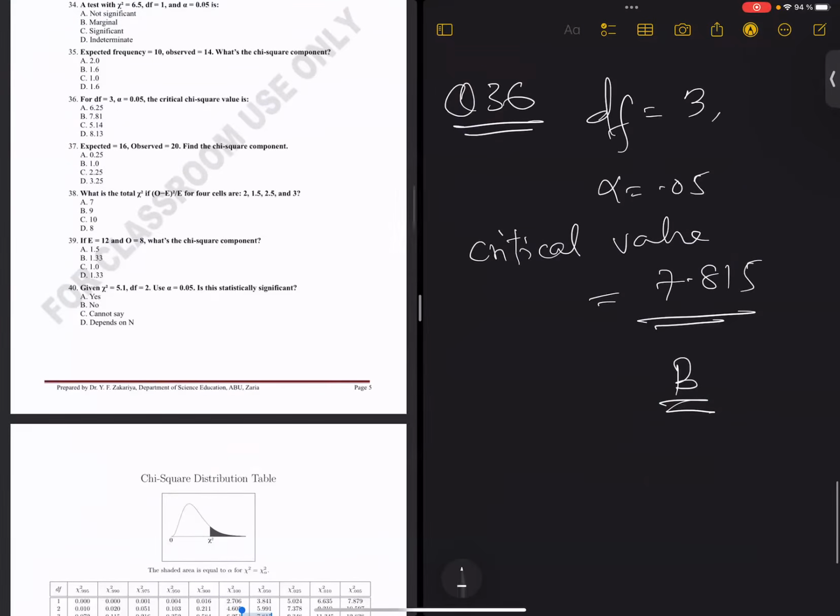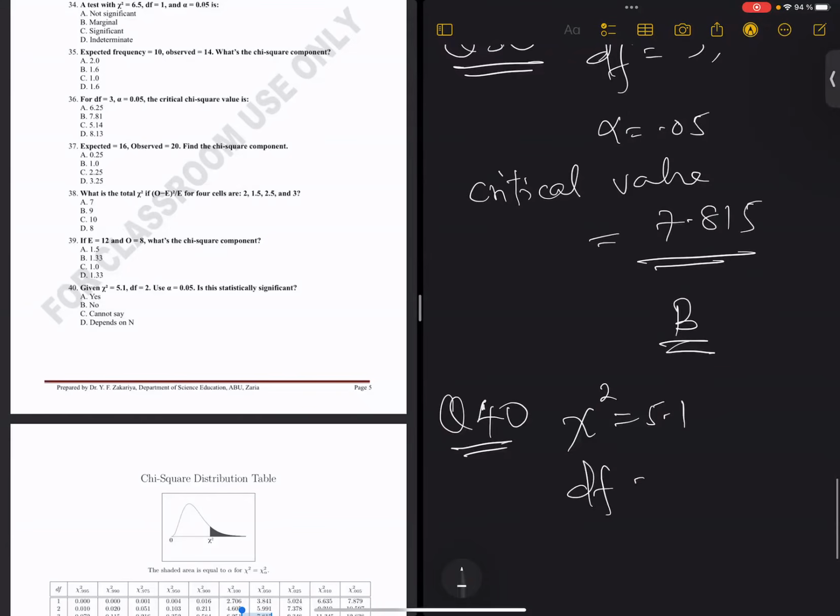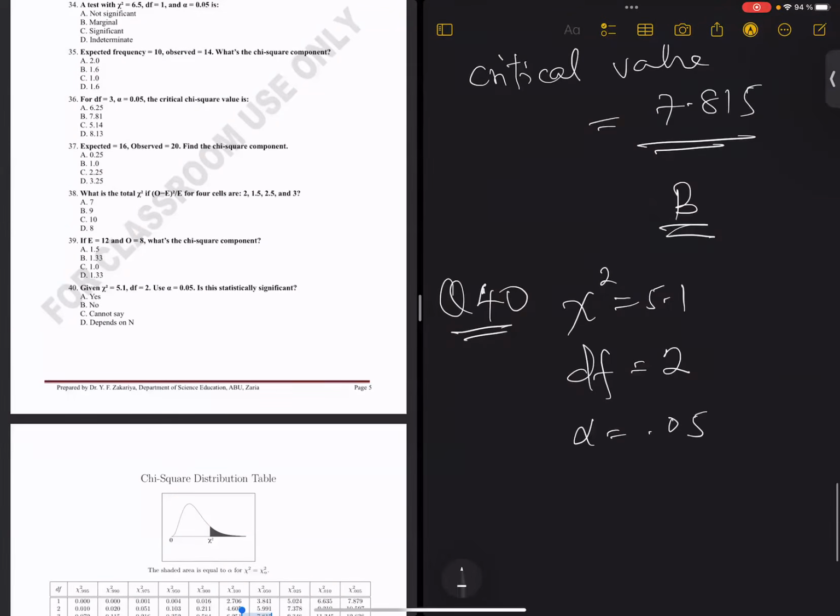The last question for the chi-square problems says, given the chi-square value of 5.1 and degree of freedom of 12, alpha is 0.05. Is this statistically significant?